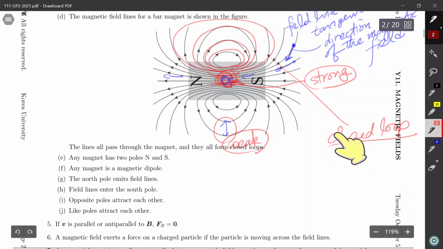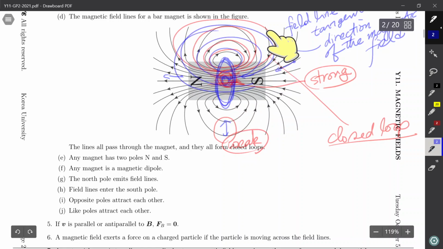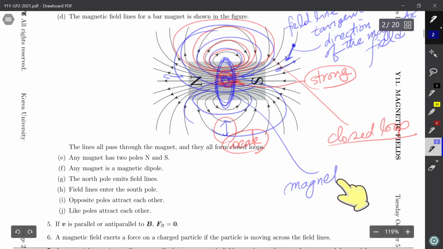That means they are passing through this magnet, and a magnet is a dipole.